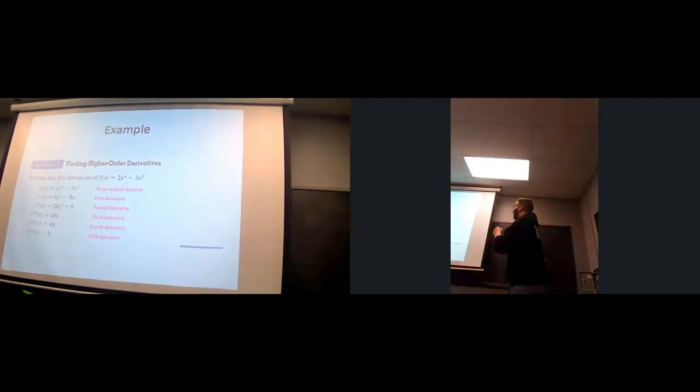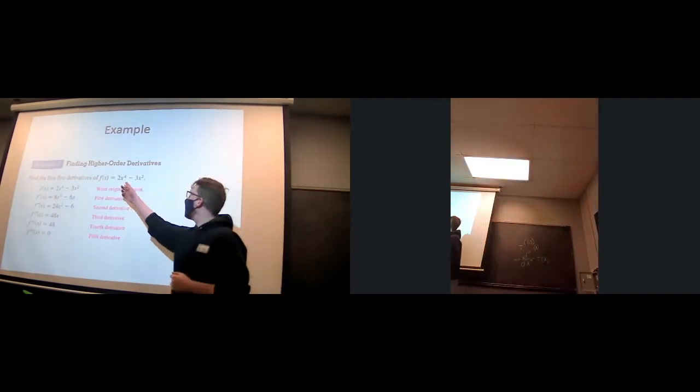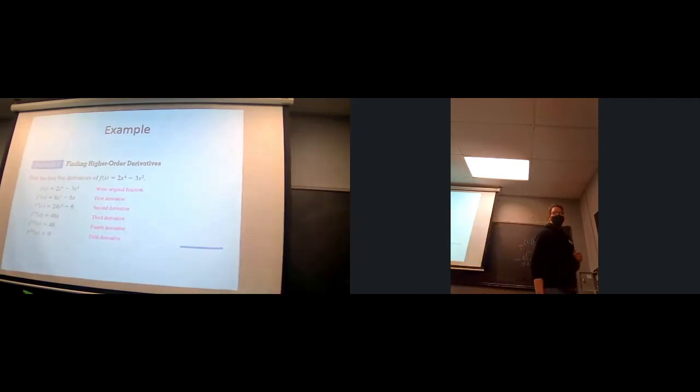So as some examples, let's say we've got this function, polynomial of the 4th degree. We want to take the first derivative of it. Check out the notation. Moving all the way through, the notation changes, right?